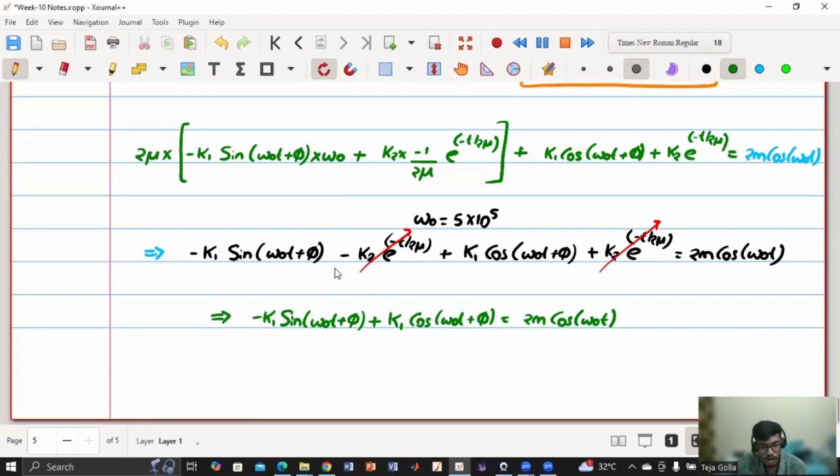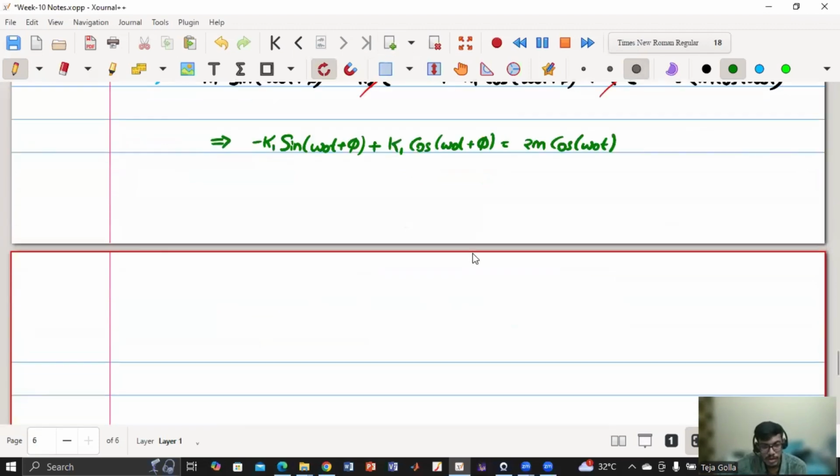So now we are going to solve this expression. So how we are going to solve? So first of all, I can take K1 to be common. So I'll get something like this. K1 if I take common, I have cos omega naught t cos phi, right? So if I expand, minus sin omega naught t sin phi.